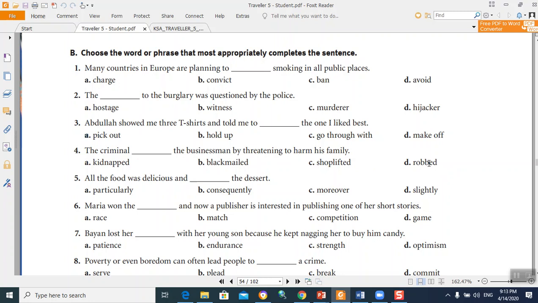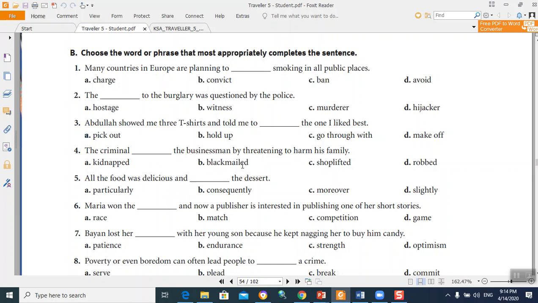You don't ask permission to do that. But here there is a family, so there are two parties and of course the criminal. The best word in number 4 should be what? Blackmailed. Yes, it is the best answer. So blackmailed, ابتزه, by threatening to harm his family.